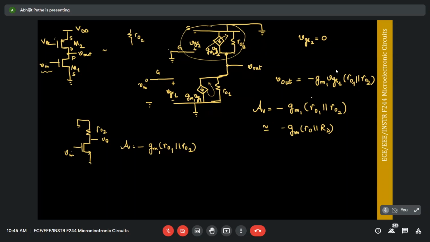It's just, I could have drawn RD here; it's RO1 parallel RD, instead of RD it is RO2. But what I'm trying to get at is, when you see a circuit like this, where I've connected a current load, you should immediately be able to tell me, okay, this is a common source amplifier, right? It's a common source amplifier where the NMOS is converting the input small signal voltage to a small signal current. That current is flowing through two resistors, RO1 parallel RO2. Hence, the gain is given by gm1 times RO1 parallel RO2. Right?